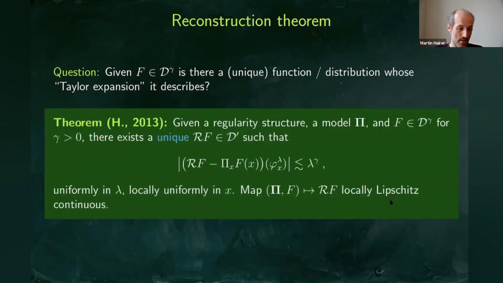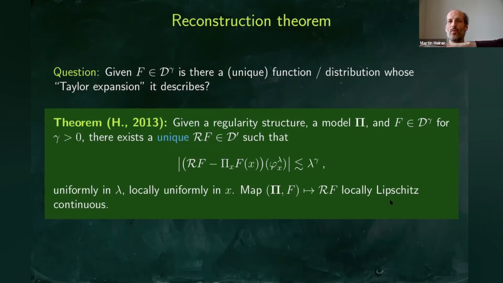And so that's the main theorem in this business, or the fundamental theorem, which says that yes, as soon as gamma is positive, as soon as you have something of positive regularity, then there exists a unique distribution, which I call RF, which has this property: for every point x, if I compare RF with the candidate Taylor series at x, then that's two distributions.